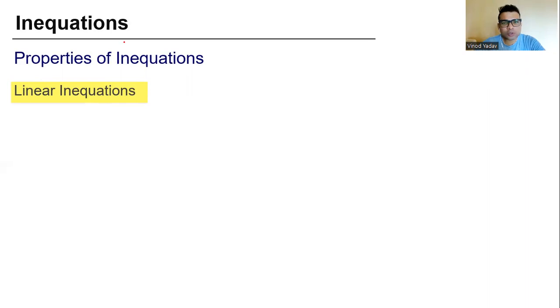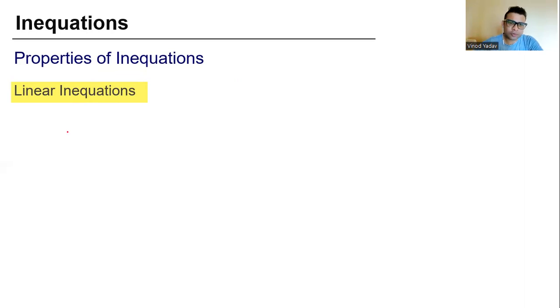Solving means majorly those mathematical operations which we used to do in linear equations, that is addition, subtraction, multiplication, division. Let's see, if you perform these operations on linear inequations, then how to go about it? Is it the same as the way we used to do in linear equations, or is there any change here?